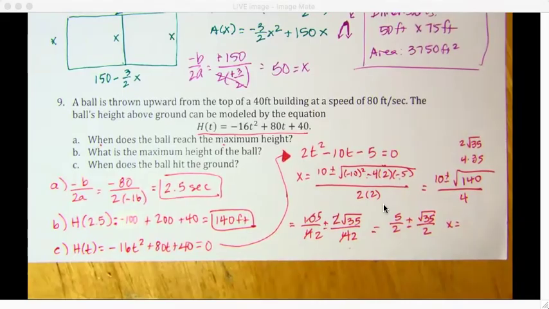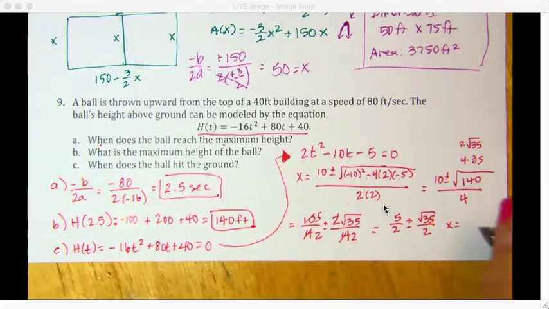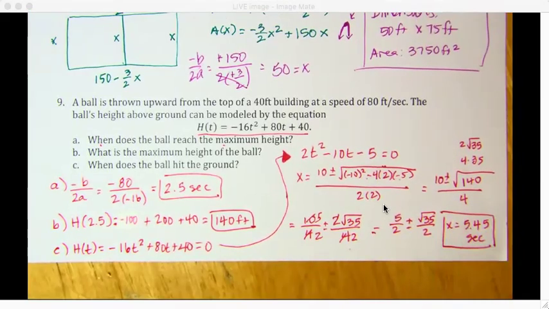So let's go ahead and find that, and we will see at what time it hits the ground. So we get 5.45 seconds. So the ball is in the air for 5.45 seconds, and at 5.45 seconds, it hits the ground. And that will bring us to the end of section 2.